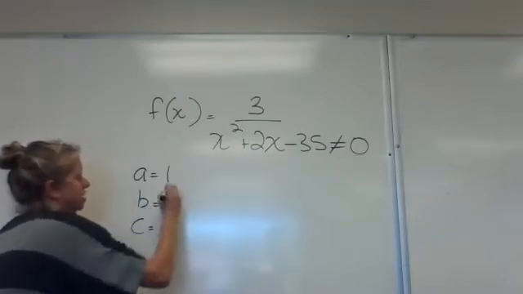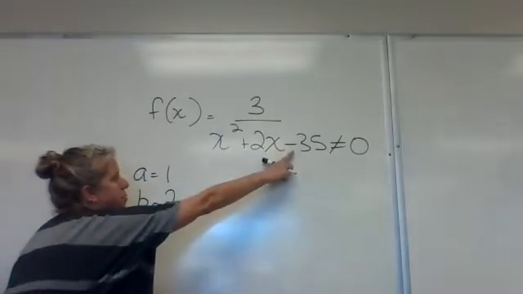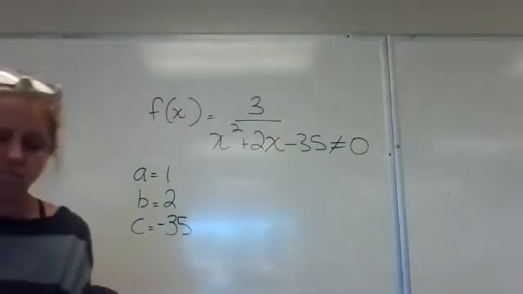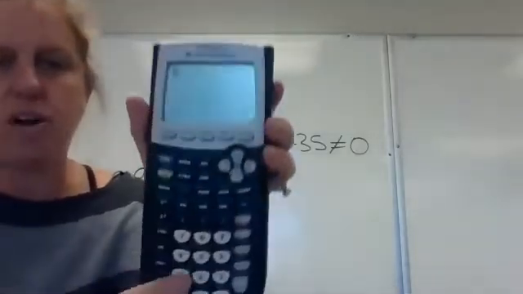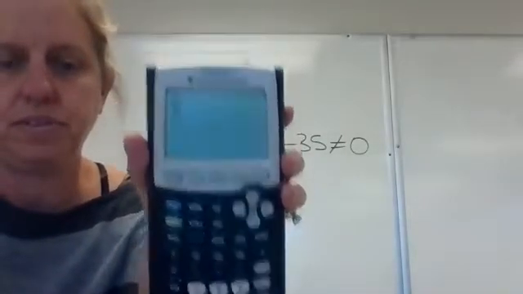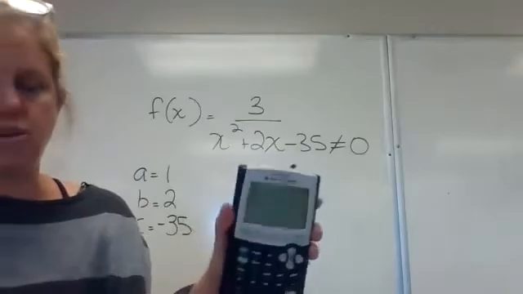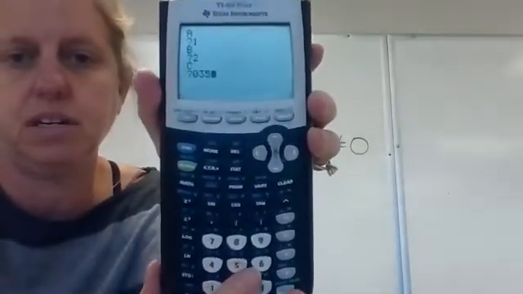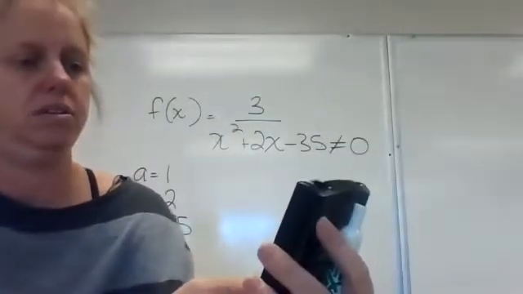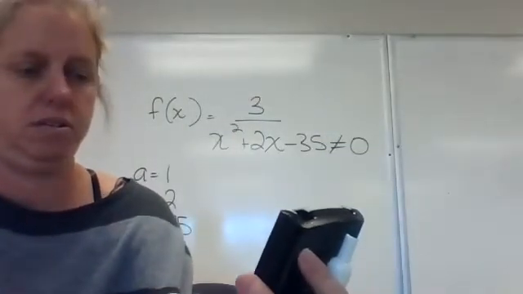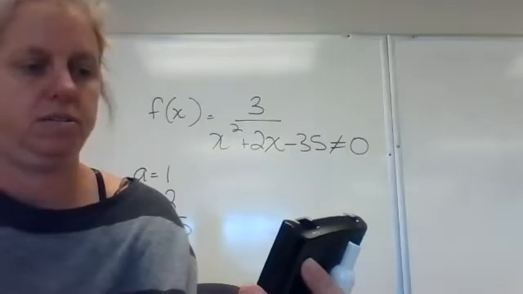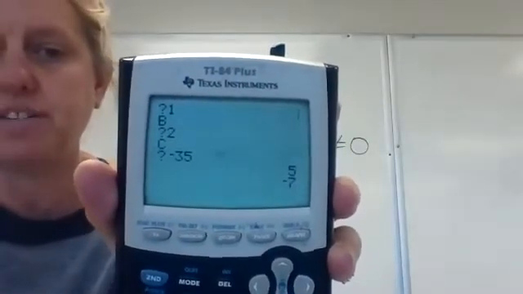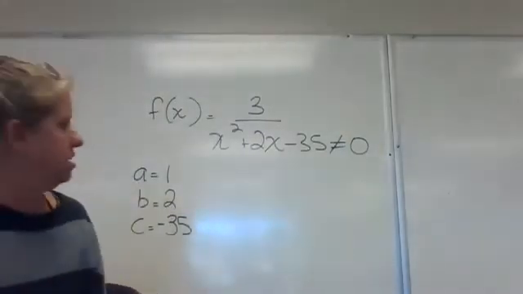My b is in front of the x, so it's positive 2. My c is my constant, which is negative 35. So if I enter 1, 2, and negative 35, there's the solutions, 5 and negative 7.